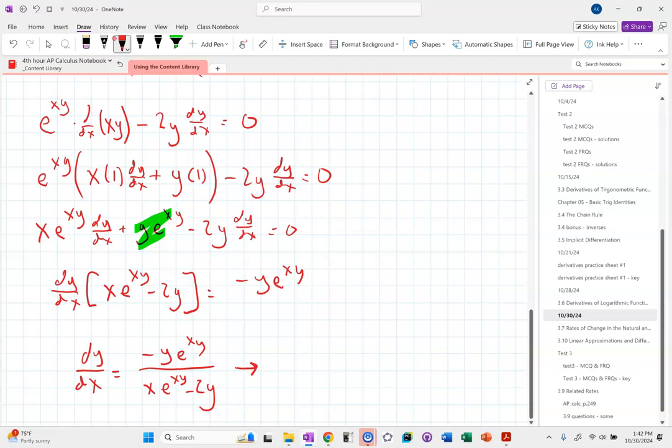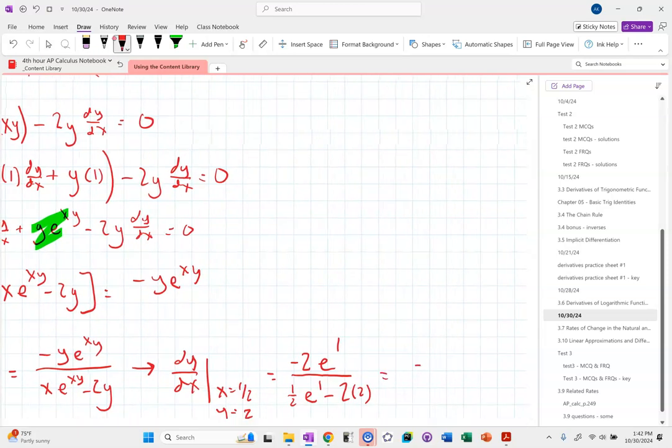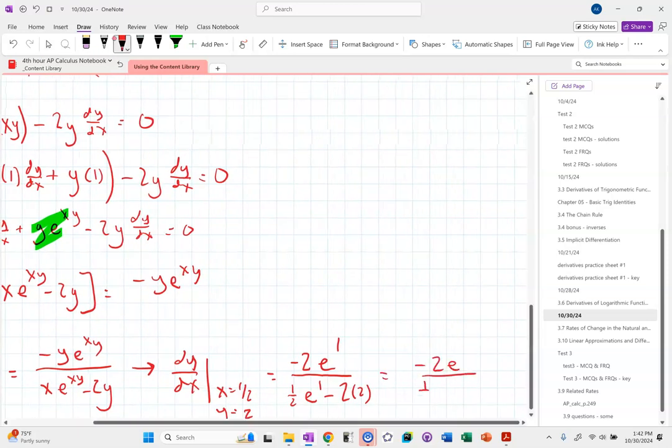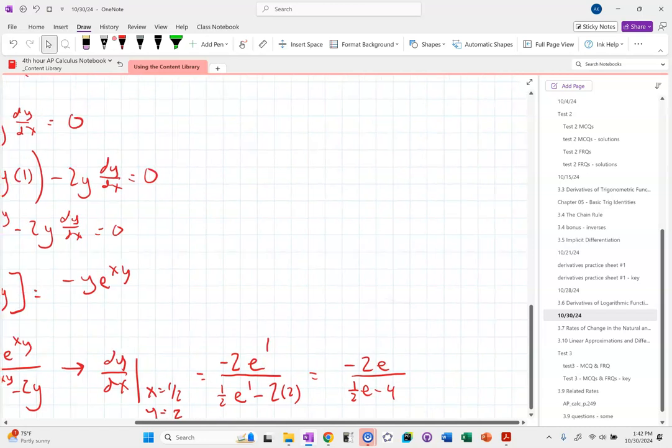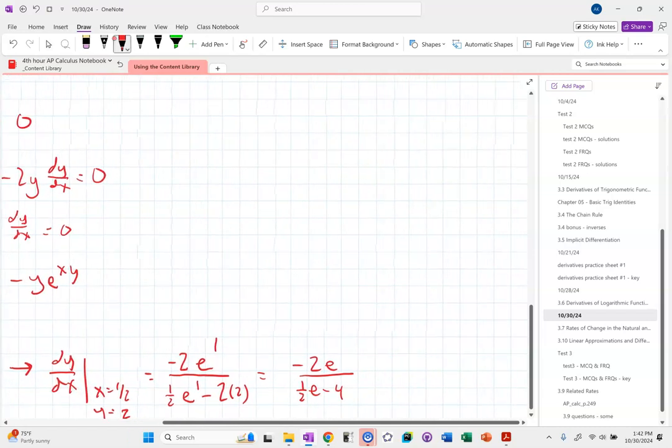And now if I plug in when x is 1/2 and y is 2, I'm going to get negative 2 e to the 1 over 1/2 e to the 1 minus 2 times 2. So I have that. That doesn't match any of my answers, though, so I'll multiply the top and bottom by 2 to get rid of the fraction in there.